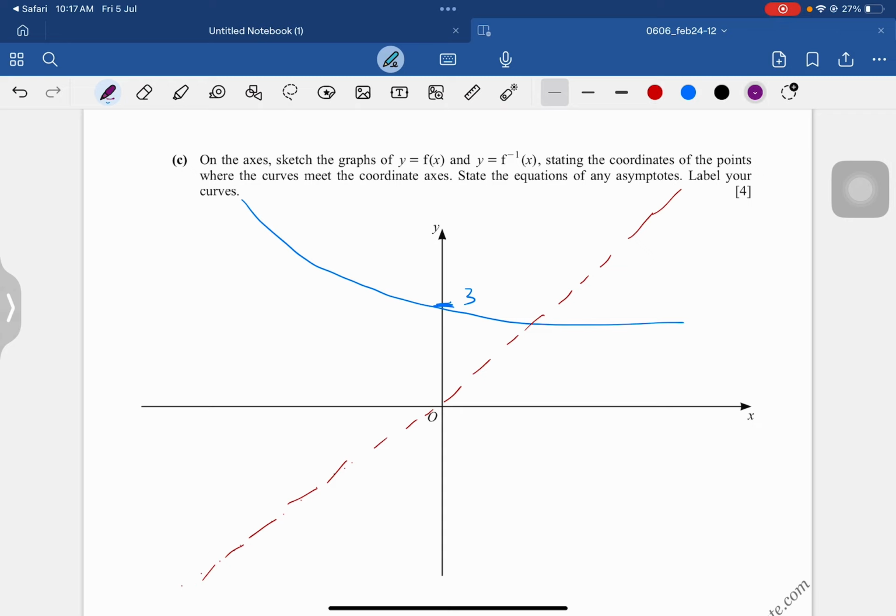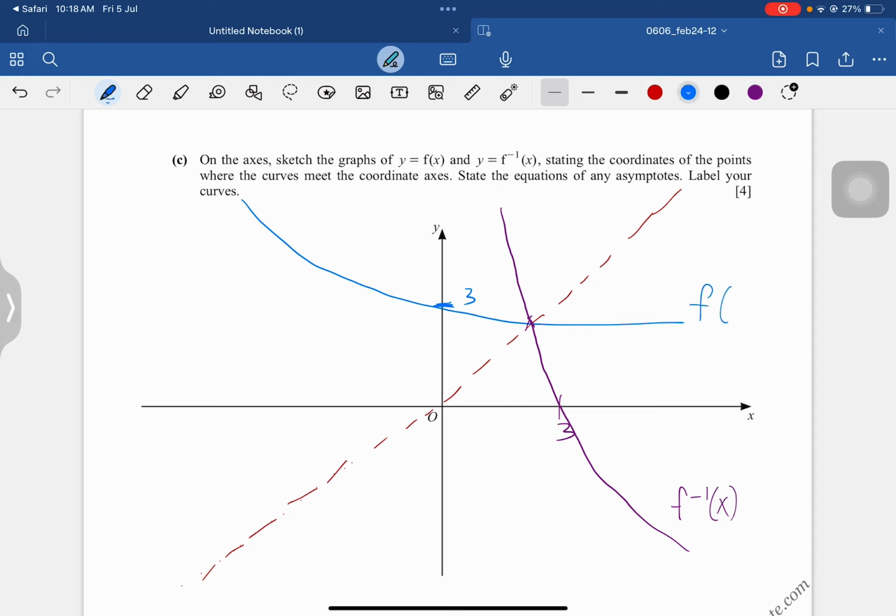Okay, we have to do the reflection. It actually is going to pass through 3 here as well, and this point also. So the graph will look like this. Yep, that's the reflection. This is f inverse.